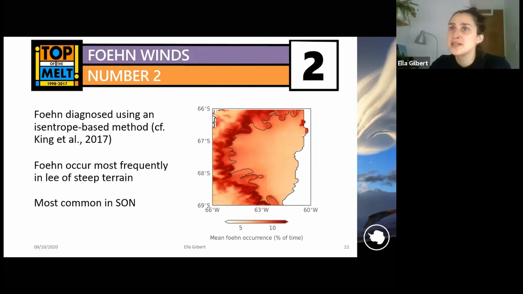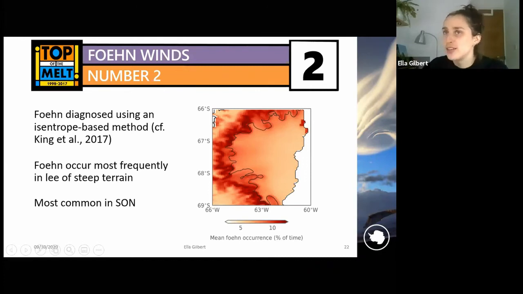Now, the next step I went on to was to diagnose the amount of foehn that occurs across the ice shelf. That's the missing step that was often seen in relating foehn to surface melting. What you've got in this plot is a spatial map of the mean amount of time, as a percentage, that foehn are occurring during the hindcast, so during this 1998 to 2017 period.